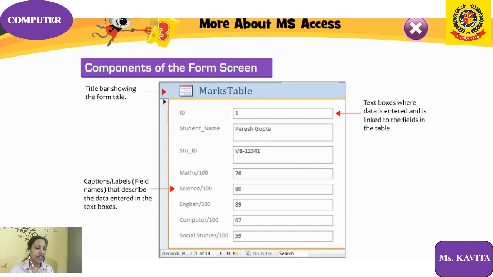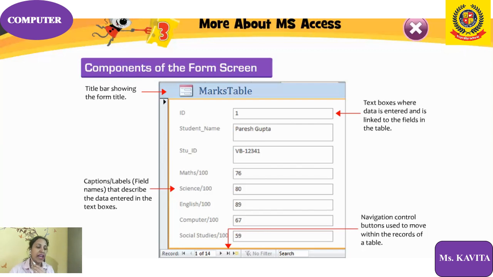This is a text box where the data is entered and is linked to the fields in the table. And this is the navigation control buttons: previous, next, record. Navigation control buttons are used to move within the records of the table. So children, you have to draw this diagram.